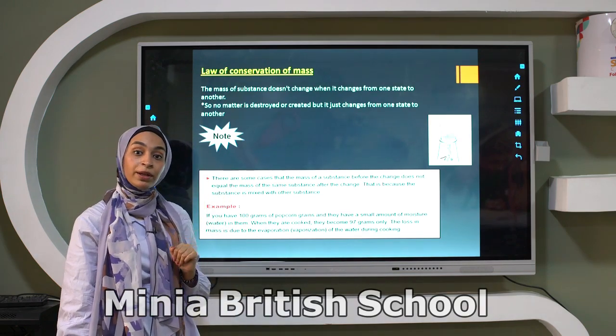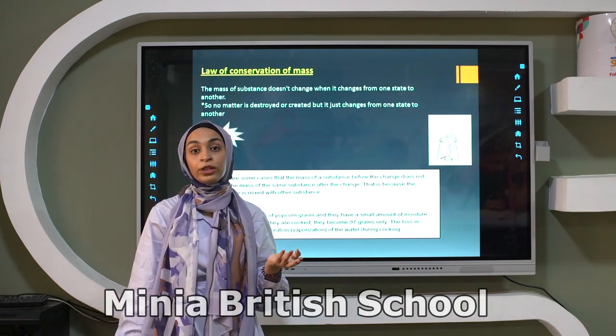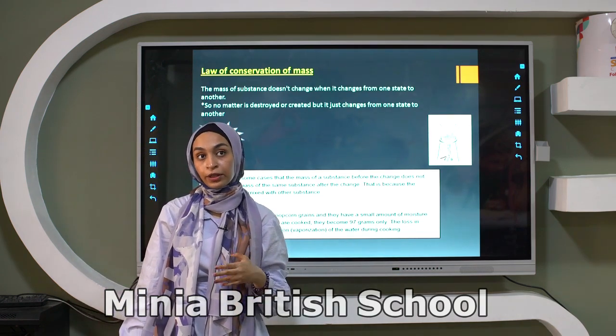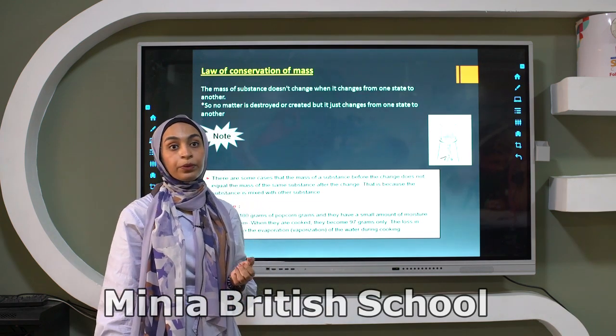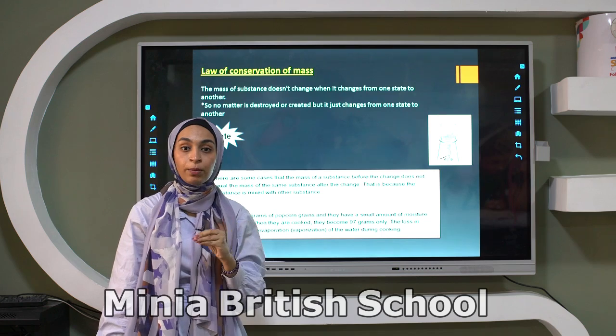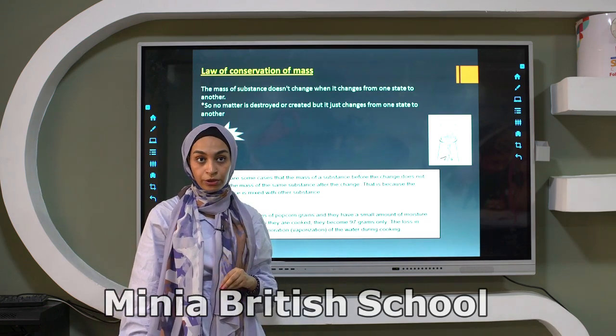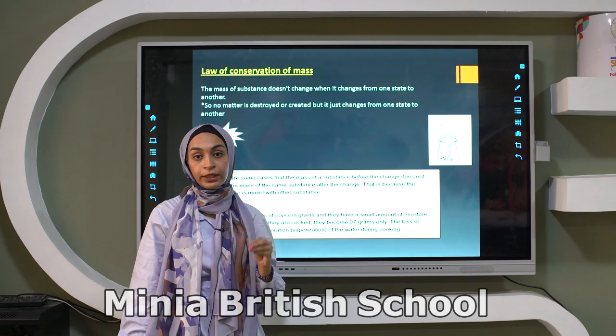But when does the mass change? In which case can I say that the mass of the substance will change due to a change in its structure? If I have, for example, 100 grams of popcorn, and this popcorn contains water, then you boil it or heat it.